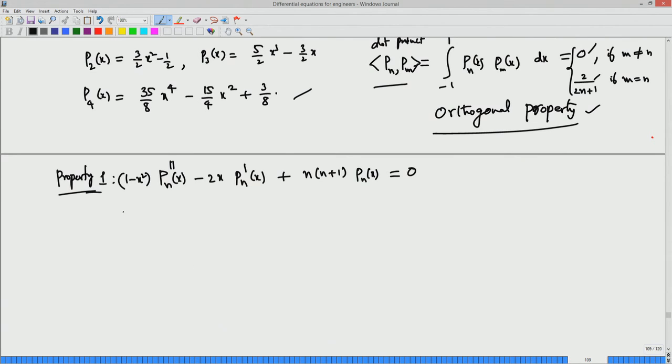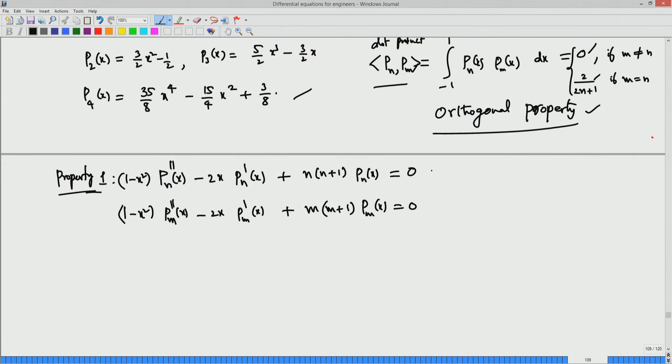Then Pm of x satisfies the other equation, with n replaced by m: 1 minus x square times Pm double dash, minus 2x Pm dash, plus m into m plus 1 times Pm of x equals 0.